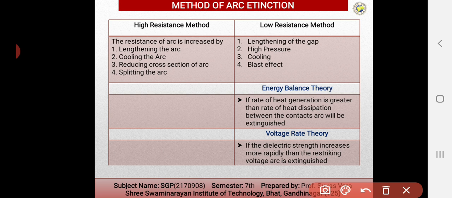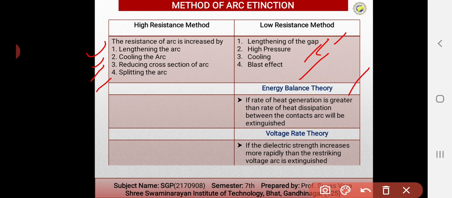So in the high resistance method, the resistance is increased by increasing the length of the arc, then cooling methods, then reducing the cross sections and splitting. In the low resistance method, the length of the gap, then high pressure, cooling and blast effect.